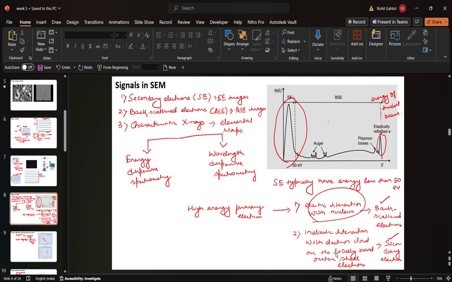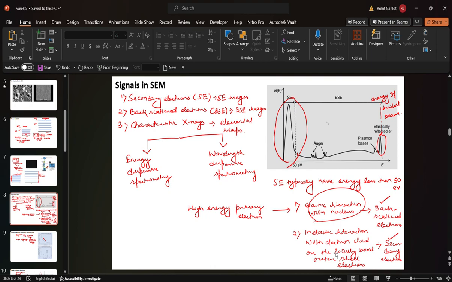There was one more feature for the secondary electron and BSE which was covered this week. Only these two signals, SE and BSE, vary with surface modulation or surface slope, and they are very sensitive to surface unevenness.